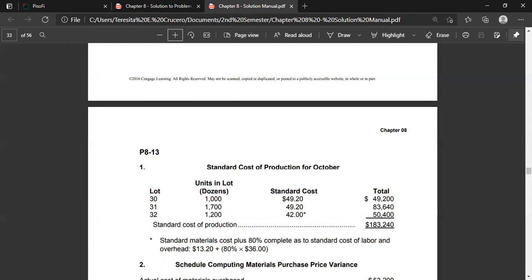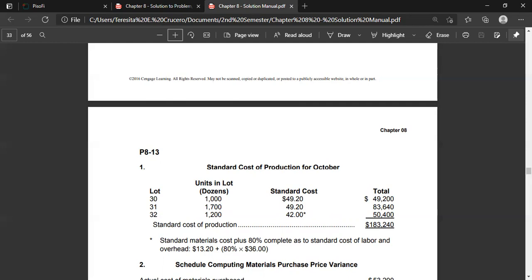So we have the standard cost equal to 49.20 for lot 30, 49.20 for lot 31, and for lot 32 it's only 42, if you take the standard material cost plus 80% to complete as to the standard cost of labor and overhead.